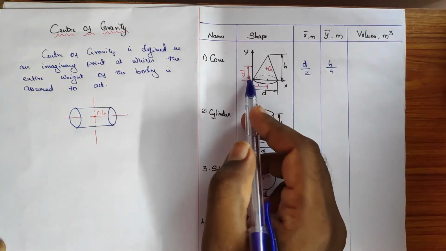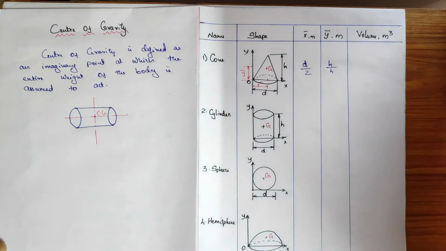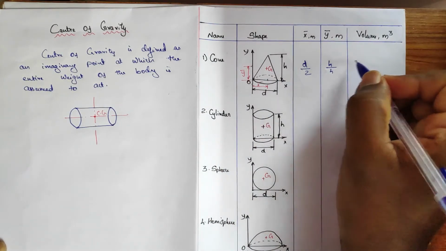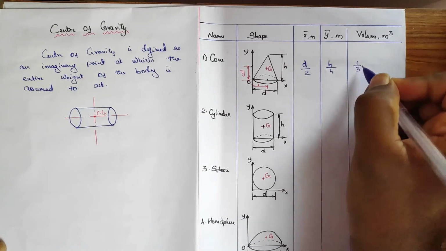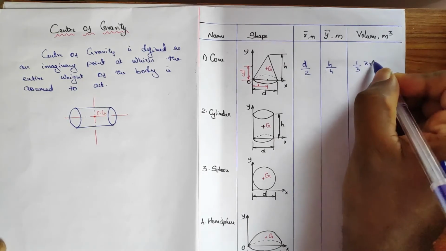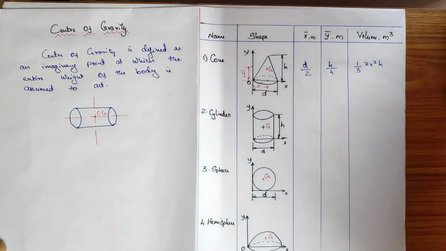From O to this G, the length will be 1 by 4 times of its height. Keep it in your mind. And volume of cone is a familiar one. In lower classes itself we have learned 1 by 3 pi r square into h, right?